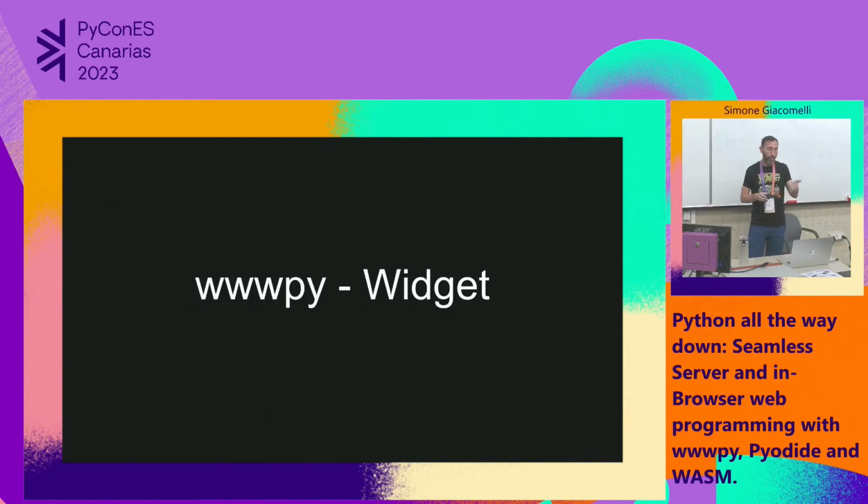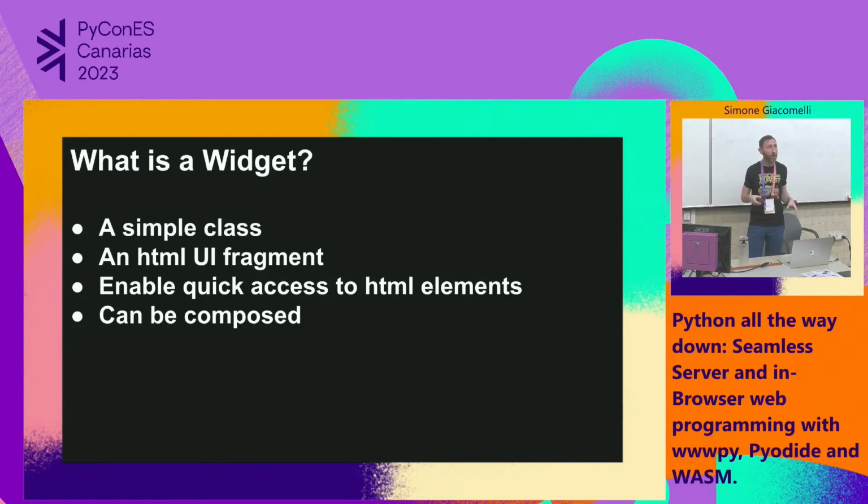Yep. Now, www.py comes with a simple class, a widget. It's a very common concept in UI frameworks where you have reusable UI components. The nice thing is that it represents a bunch of HTML code, and you can compose it.